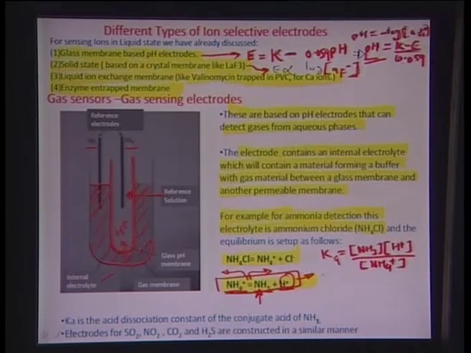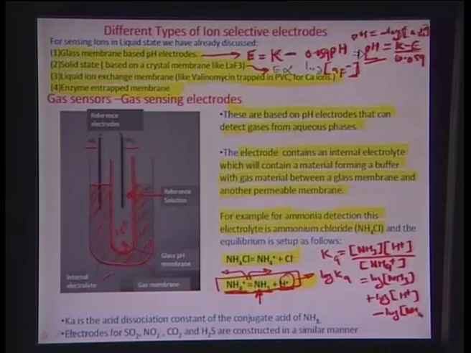So, if we take logs on both sides, you have log of Ka equals log of NH3 concentration, plus log of hydrogen plus, minus log of NH4 plus. And so, therefore, log of NH3 really would be defined with this here as minus pKa, if you may recall. That is the way the pKa would be defined, alright.